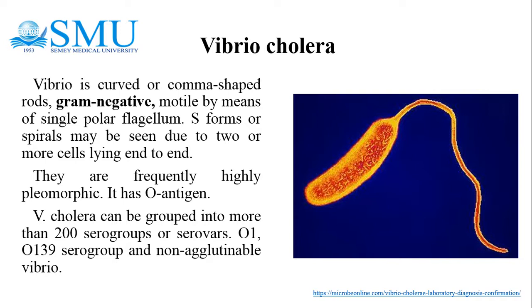It has a somatic antigen, and Vibrio cholerae can be grouped into more than 200 serogroups, including the O1 and O139 serogroups and non-agglutinable Vibrios. Based on salt requirement, Vibrios can be classified into non-halophilic and halophilic Vibrios.